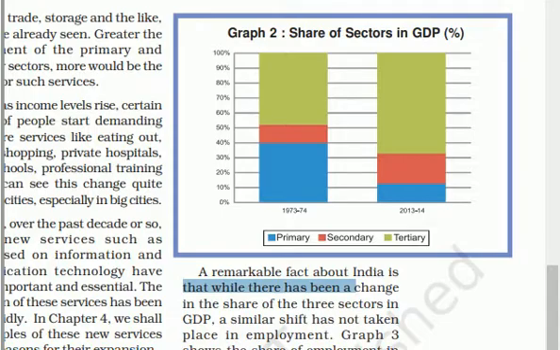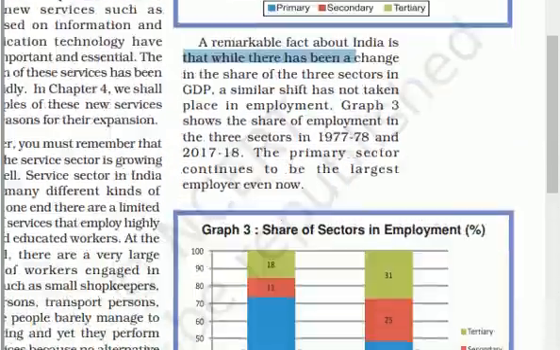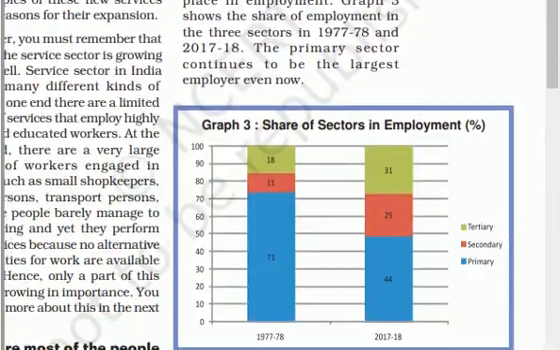Now let us see the next part, that is the share of employment. India is an agricultural country where most of the people are engaged in primary activities. This is the graph of 77 to 78.